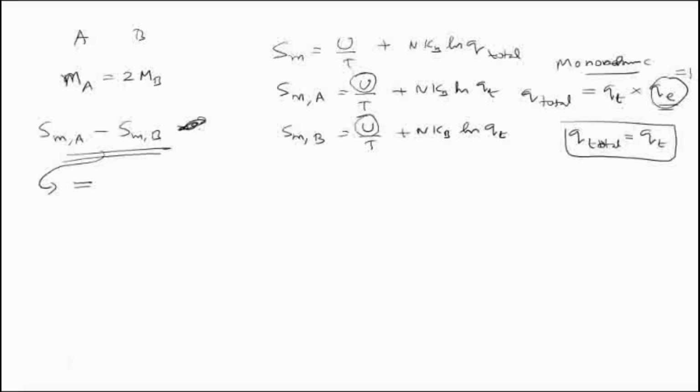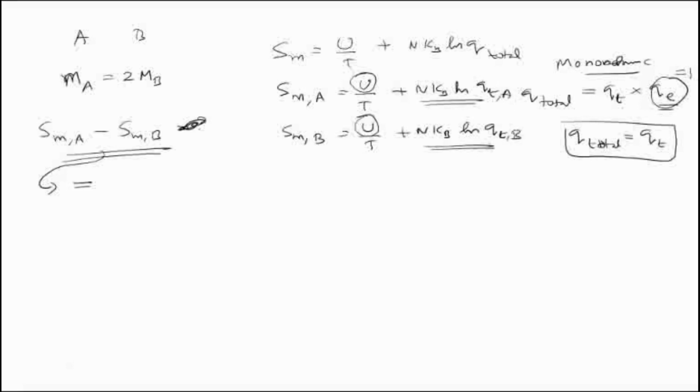Therefore, the U by T value is the same for gas A as well as for gas B. When you take the difference, these two values get cancelled. So you'll be having N kB ln QT and N kB ln QT. This is the translational partition function for gas A.